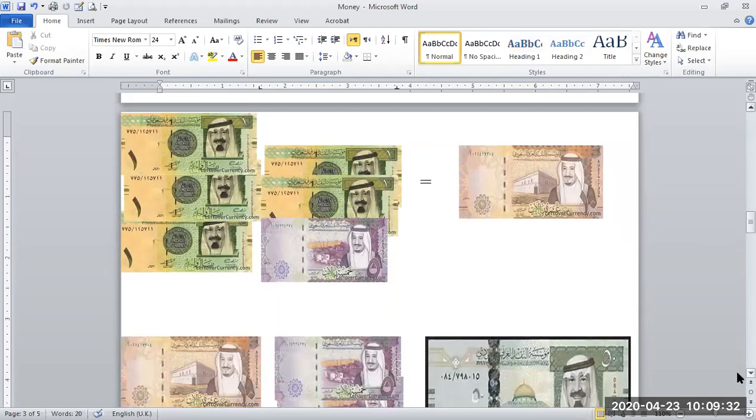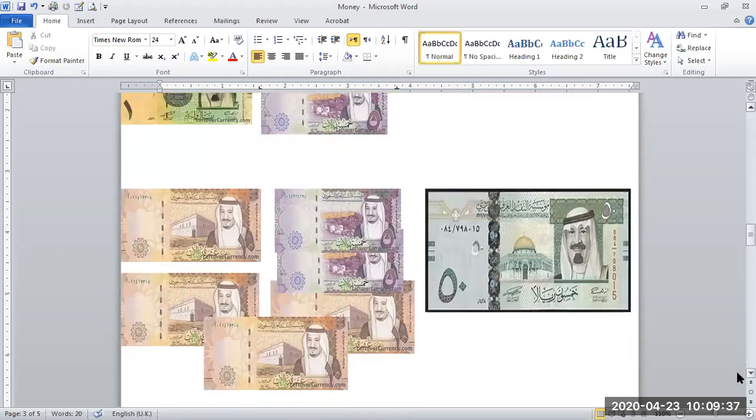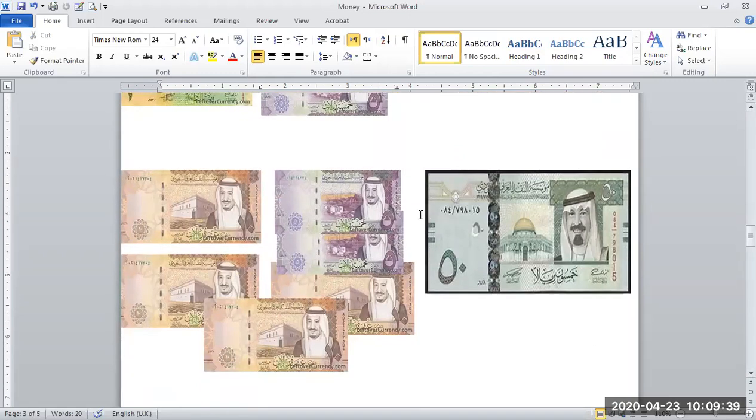And here we make this 50 riyal. How can we make this 50 equal? For example, here 5 plus 5 is 10, 10 plus 10 is 20, 20 plus 10 is 30, 30 plus 10 is 40, 40 plus 10 is 50. These are equal.